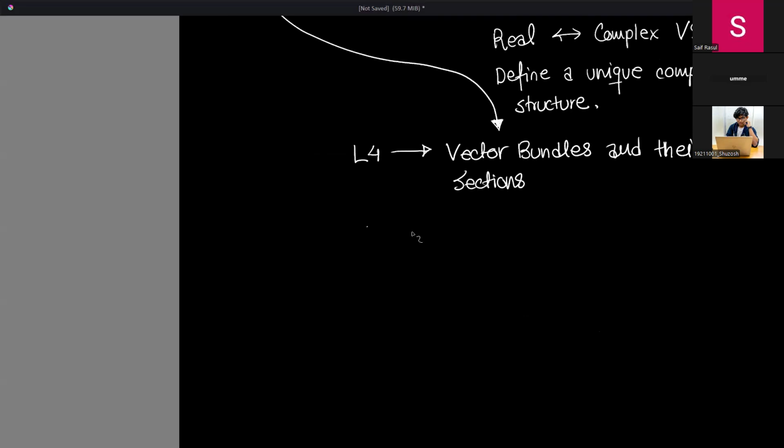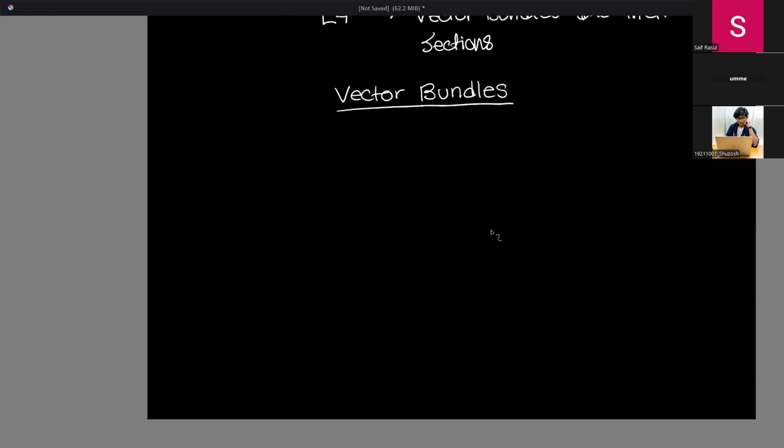Okay, vector bundles. Before we get into the rigorous definition of what a vector bundle is, let's motivate what it is that we're trying to look for.